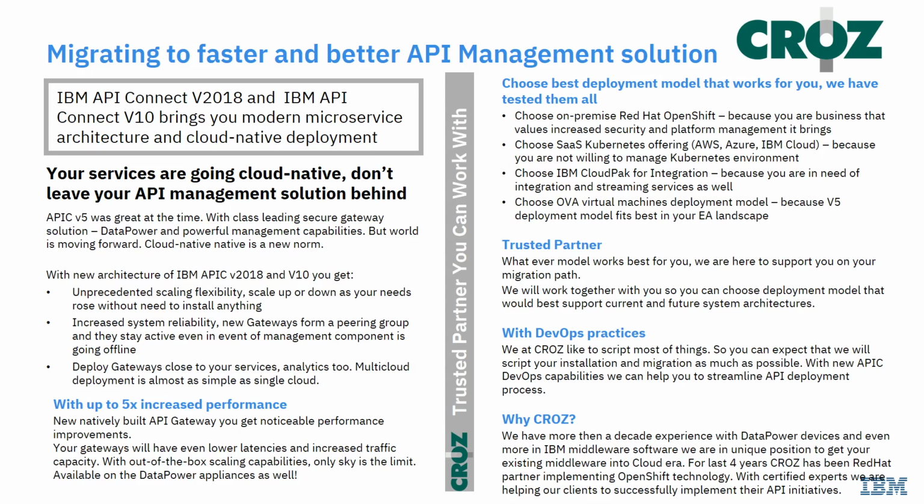And this really helps us in these new deployment models of API Connect, for instance, where we can use all of that experience and knowledge to quickly get you up and running with the new version of API Connect.